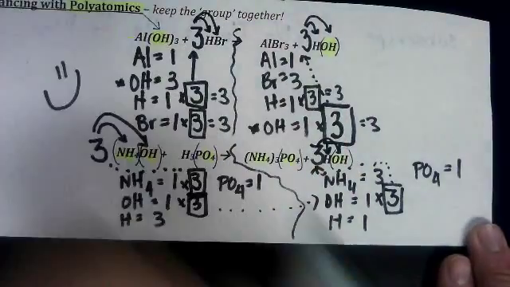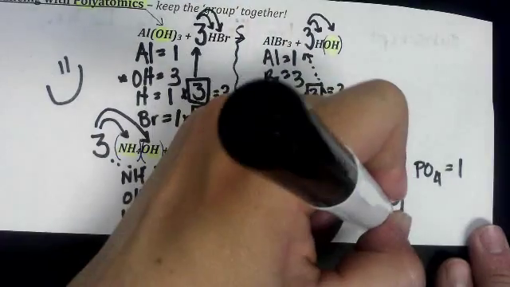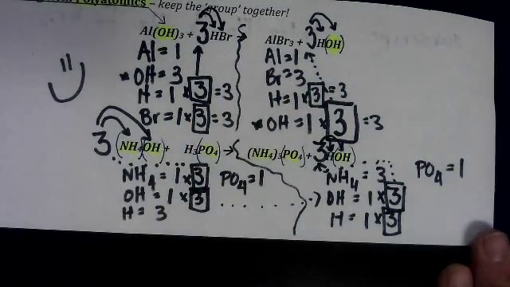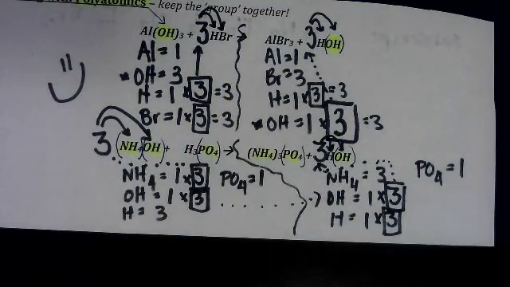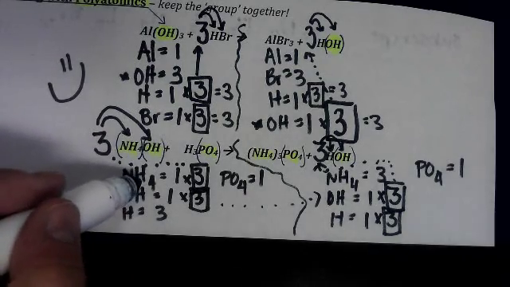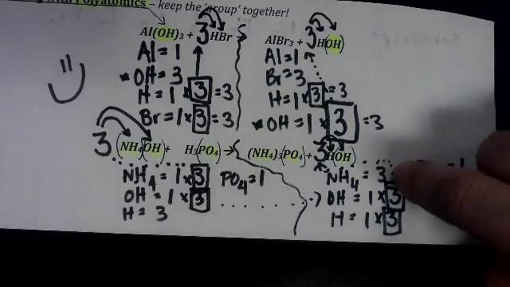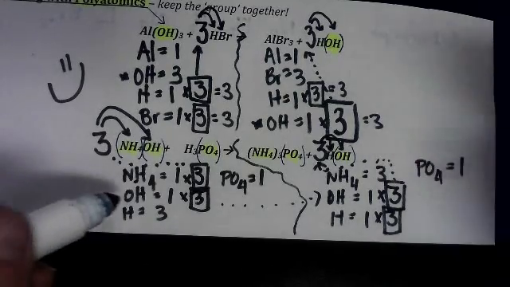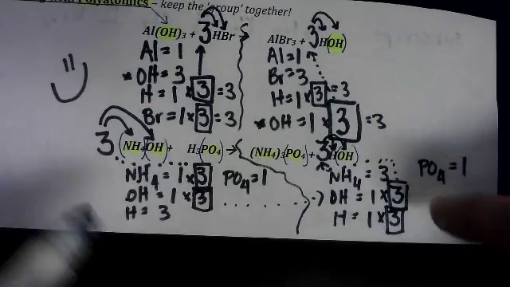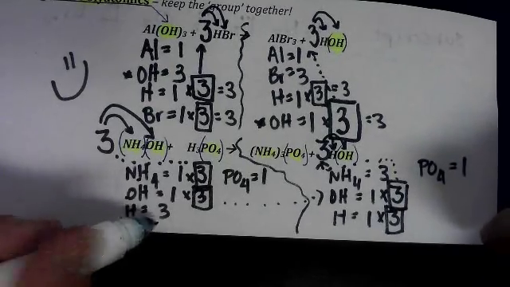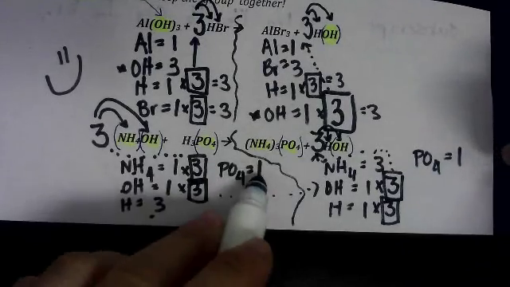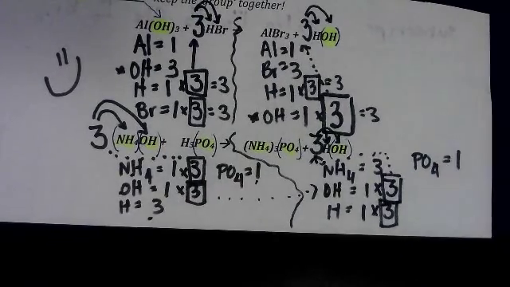It also distributes to the H. Multiply your H by 3. Put a square around it because that's your coefficient. Now let's go back and check. NH4, 3, and 3. OH, 3, and 3. H, 3, and 3. PO4, 1, and 1. You are balanced.